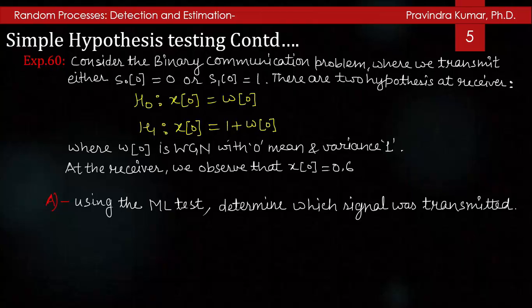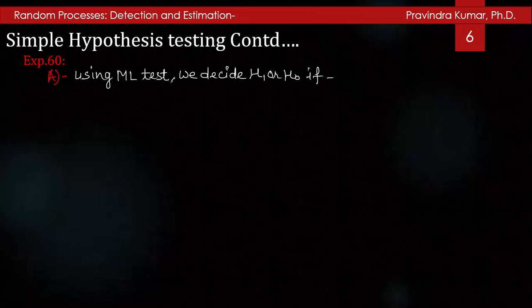In the previous question, we used the NP test, and here we will use the maximum likelihood test to determine which signal was transmitted, and also find the type I and type II errors. Using the ML test, we decide H1 or H0 if the conditional likelihood ratio is greater than or less than 1, the threshold value.